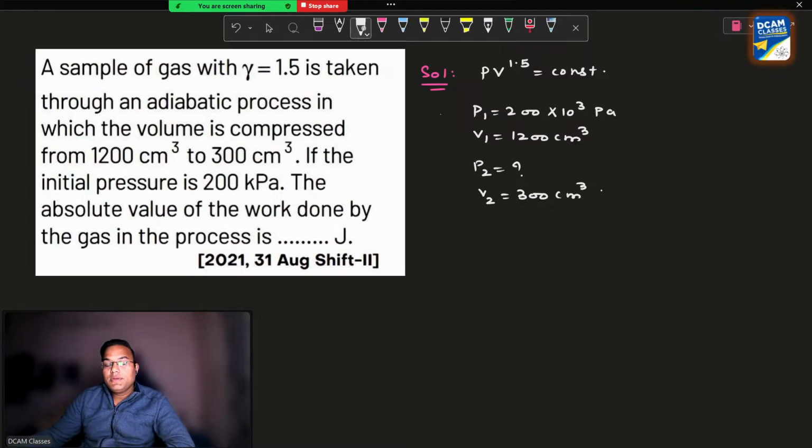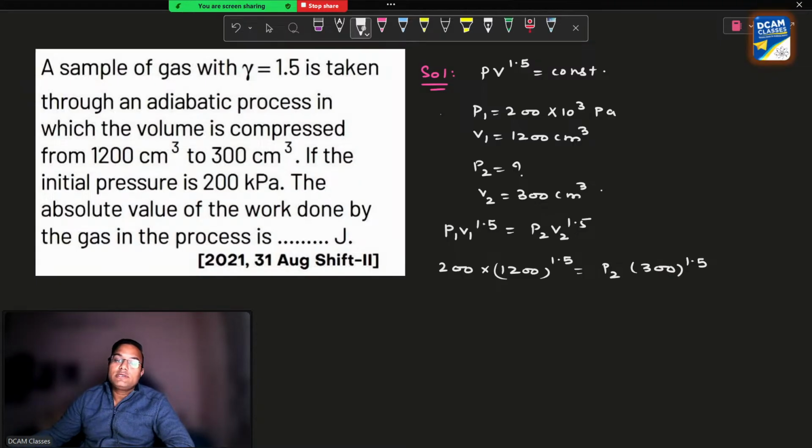So PV power gamma is constant. So I can write P1 V1 power 1.5 is equal to P2 V2 power 1.5. 200 into 1200 power 1.5 is equal to the pressure we want into 300 power 1.5. Now you will say, sir, why have you not changed the units? It's not needed because 1200 is in centimeter cube and this 300 is in centimeter cube, so it will cancel.